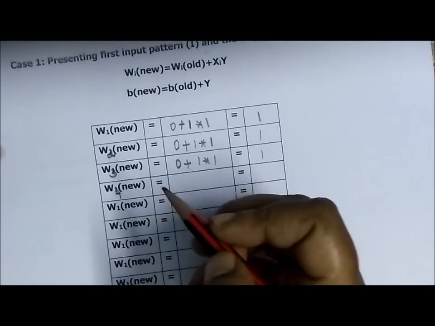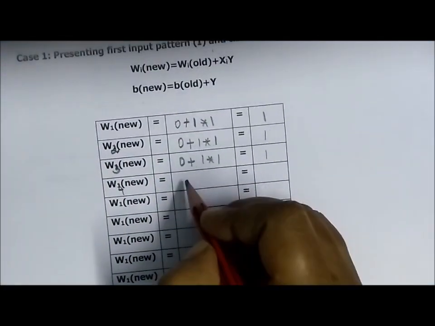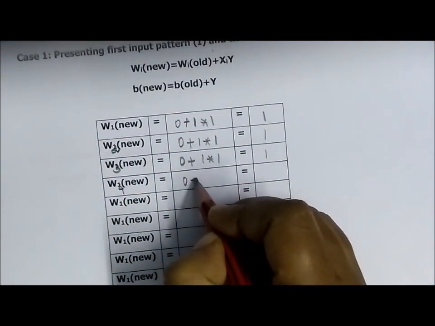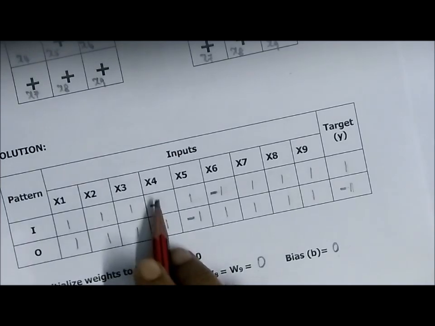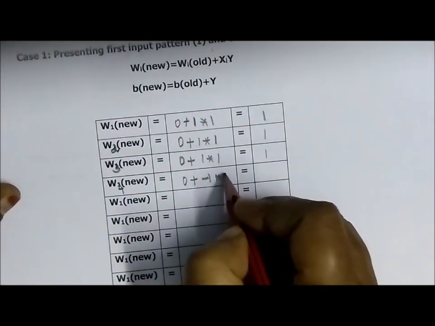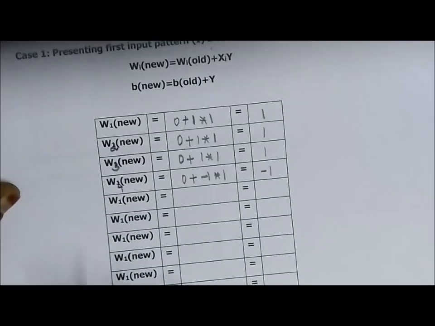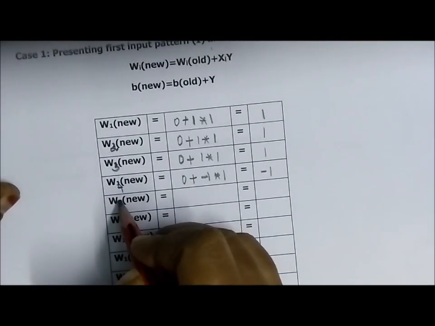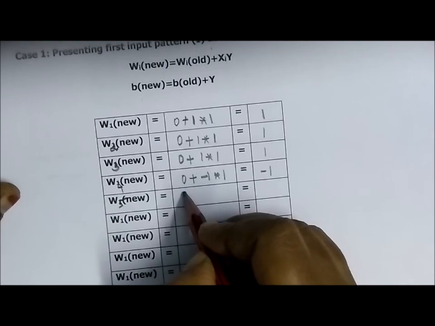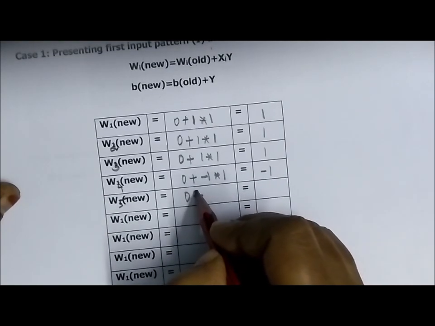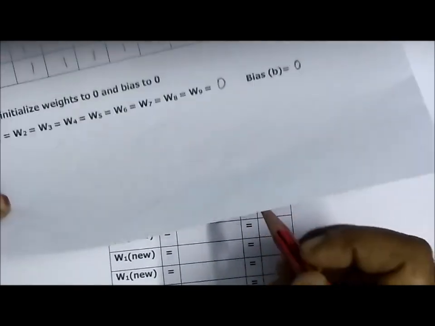Then next w4 of new. Here the old value is 0, plus x4 is -1. So -1 into y value 1, so -1 into 1 is -1, and -1 plus 0 gives -1. Similarly w5 of new is equal to 0 plus the xi value.